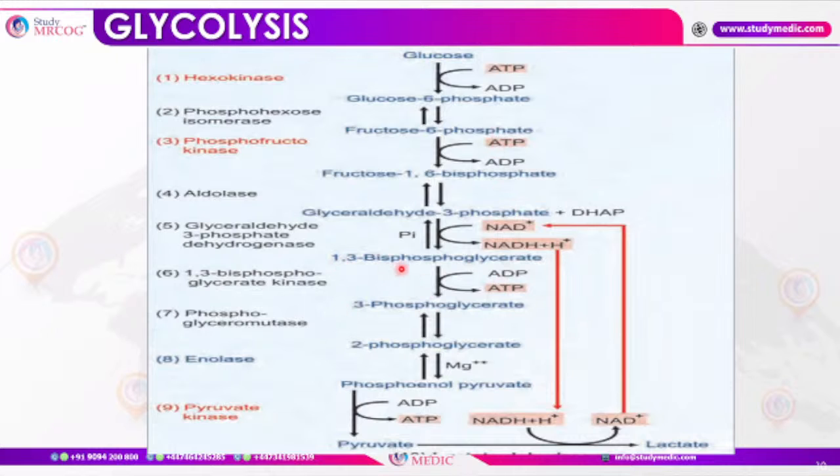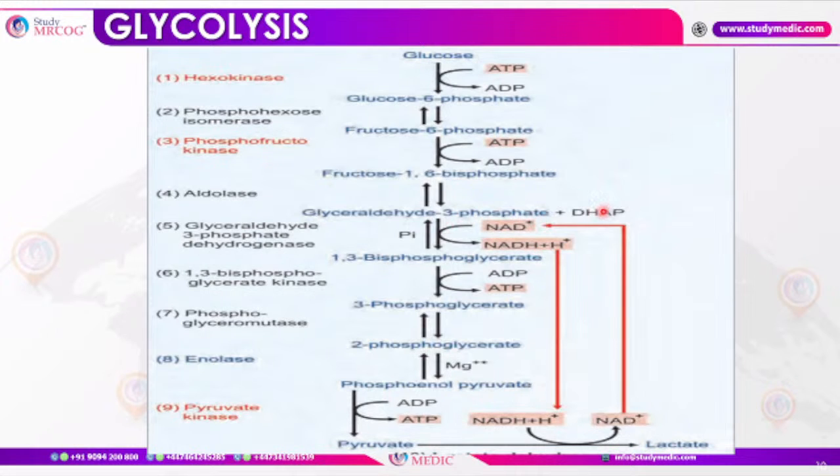At the level of 1,3-bisphosphoglycerate to 3-phosphoglycerate, the kinase produces another ATP molecule in glycolysis, and pyruvate kinase is also yielding an ATP molecule. So 2 are utilized, 2 are produced from 1 glyceraldehyde 3-phosphate, and there is NADH. 1 NADH is equal to 2.5 ATPs.